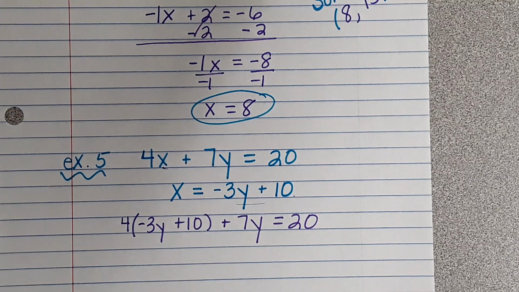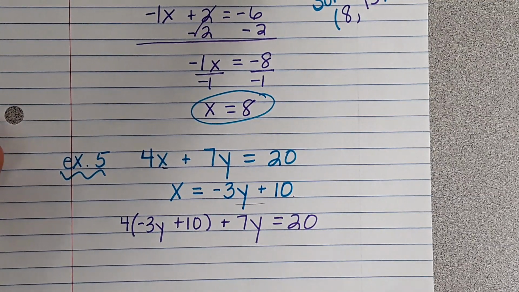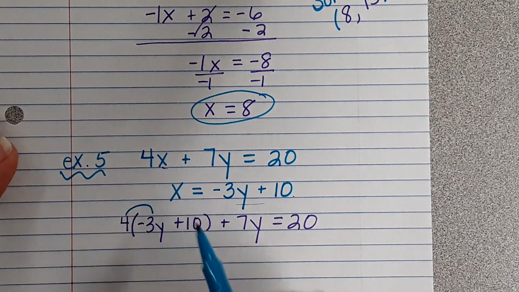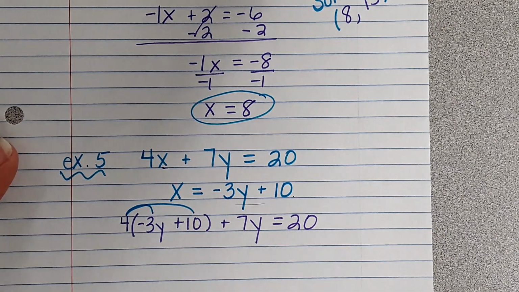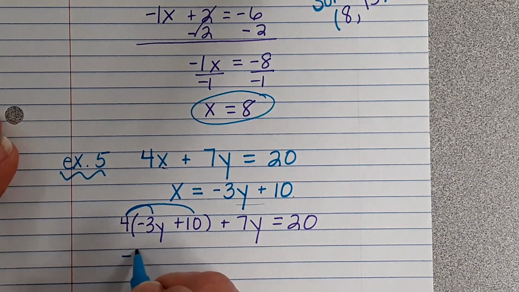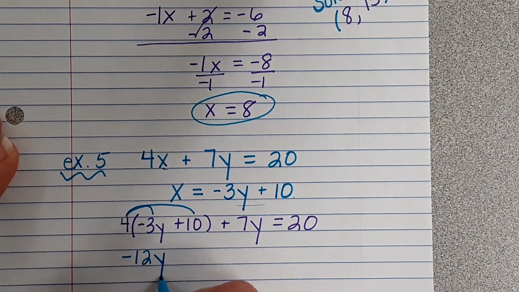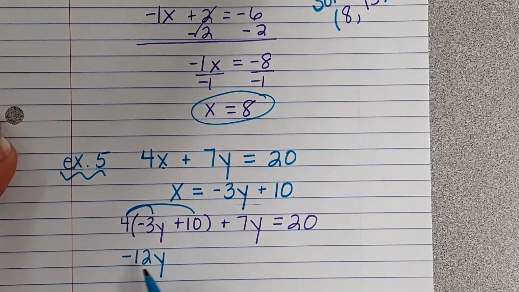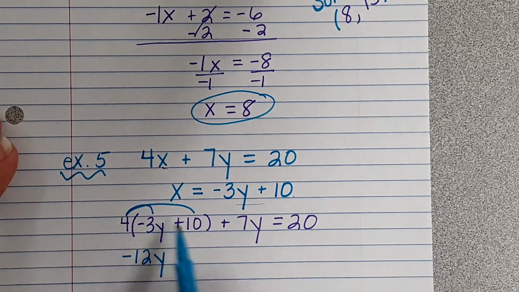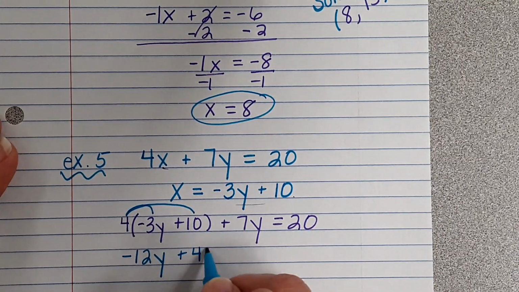And now what are we going to do? Oh, sorry. I'm going a little fast, I can tell. We're going to distribute. We're going to distribute the 4 here and the 4 here. So 4 times negative 3 is negative 12. 4 times 10 is 40.